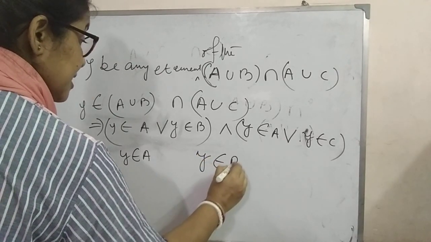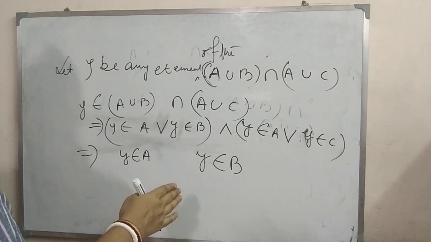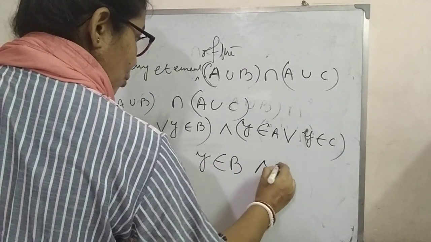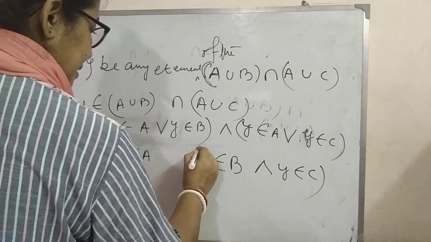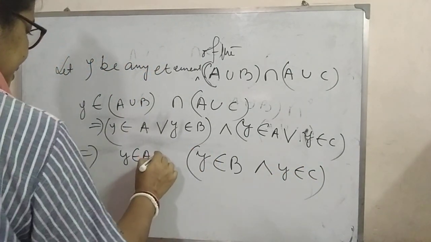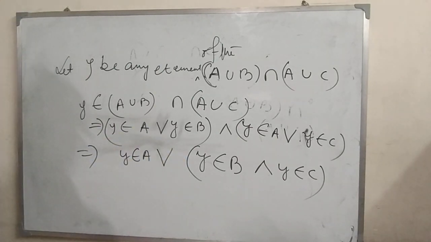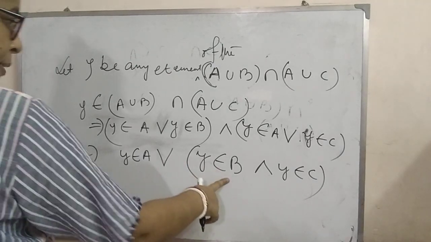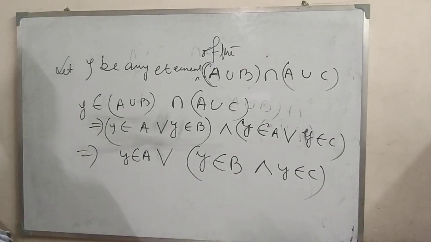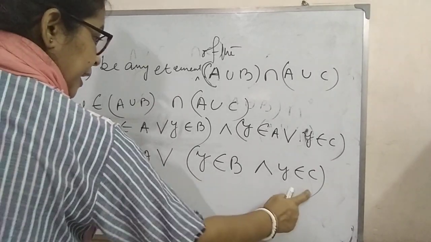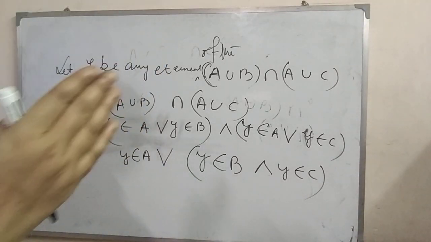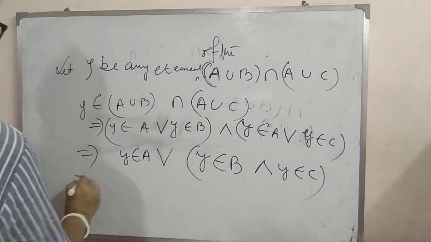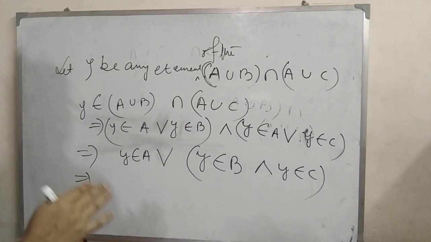Y belongs to B intersection C, that means Y belongs to B and Y belongs to C. Okay, this is union. Answer is A union (B intersection C). You will first see the answer and you will adjust it. So it is very easy.